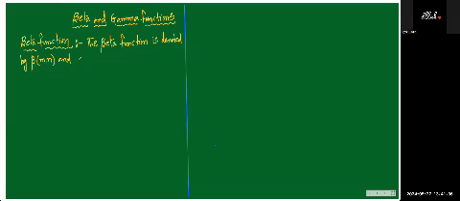The beta function is denoted by beta of m comma n and defined by a definite integral.